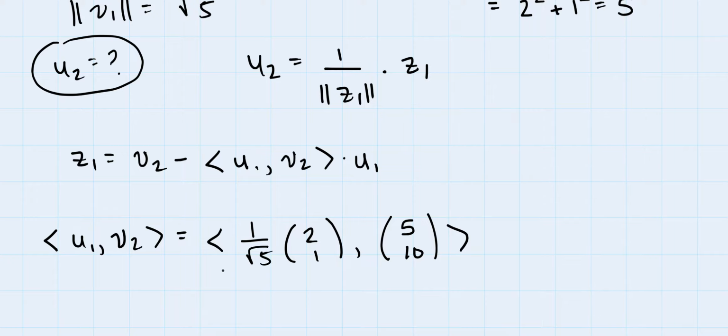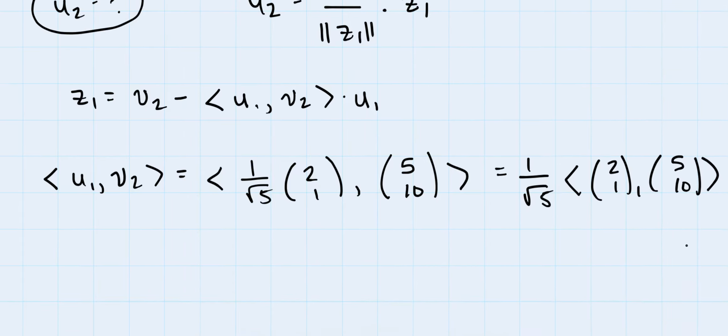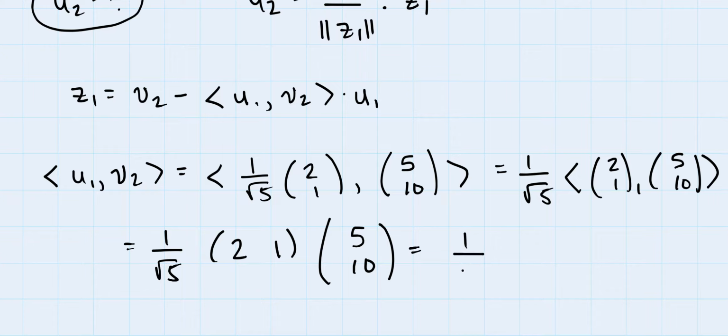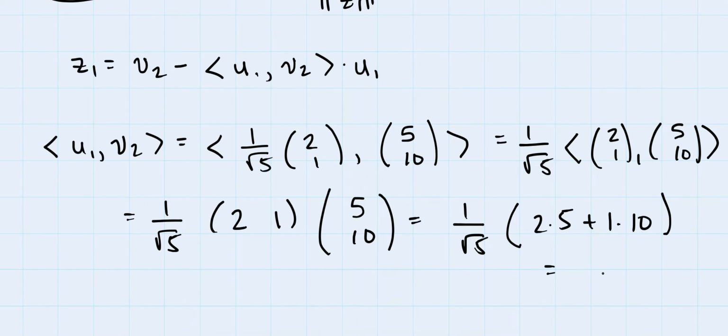And remember, a scalar can come outside. And this is equal to 1 over the square root of 5 times the dot product of (2, 1) with (5, 10), which is 1 over the square root of 5 times 2 times 5 plus 1 times 10, and that is 20 over square root 5.